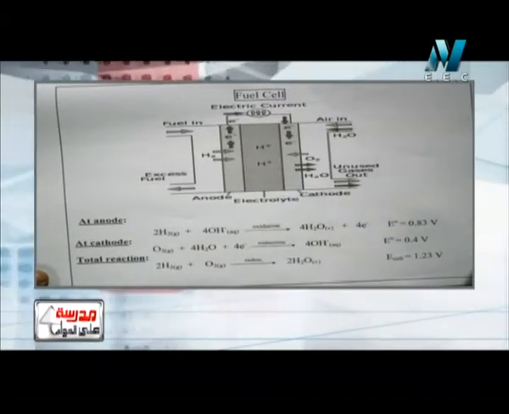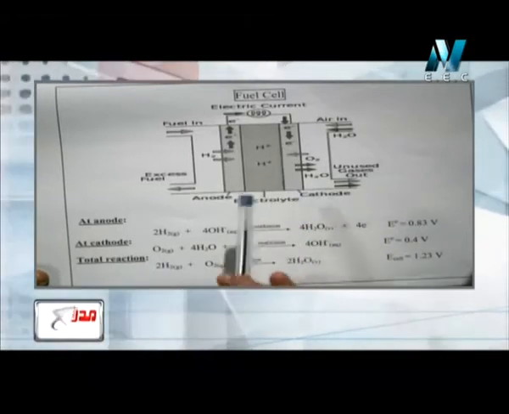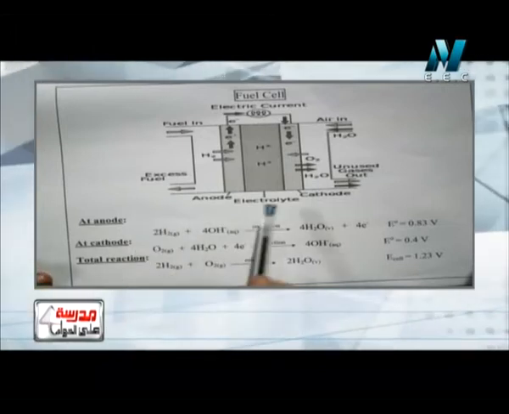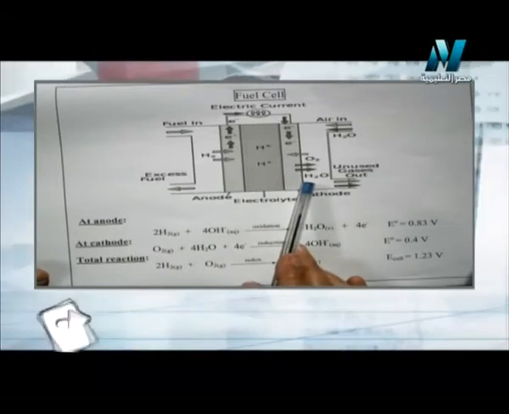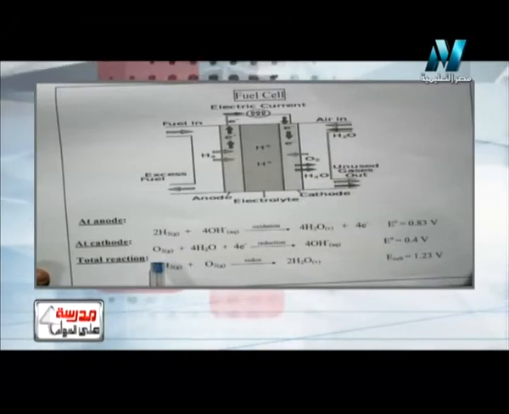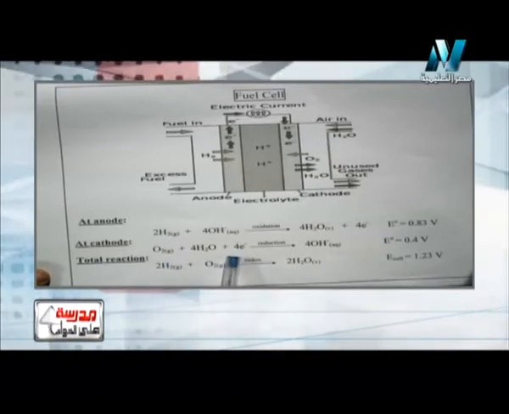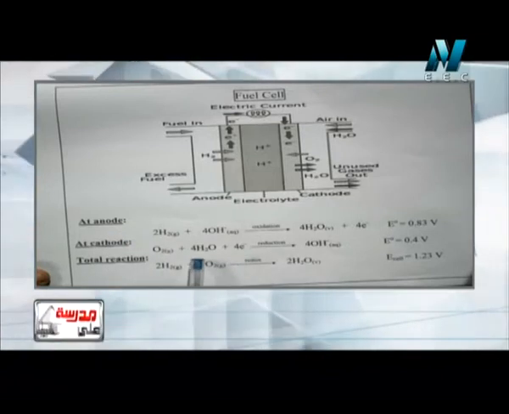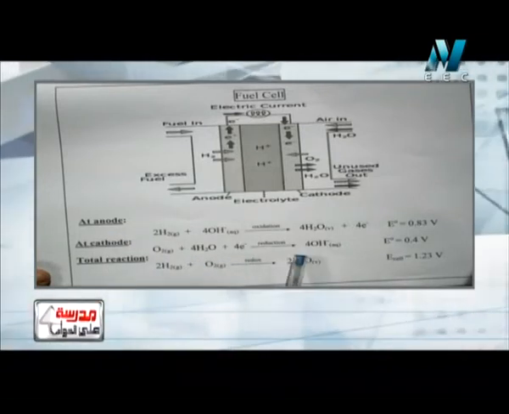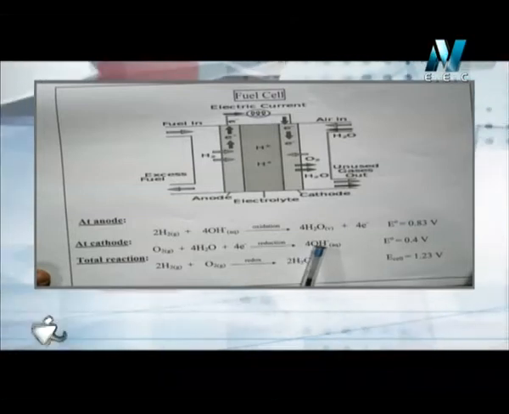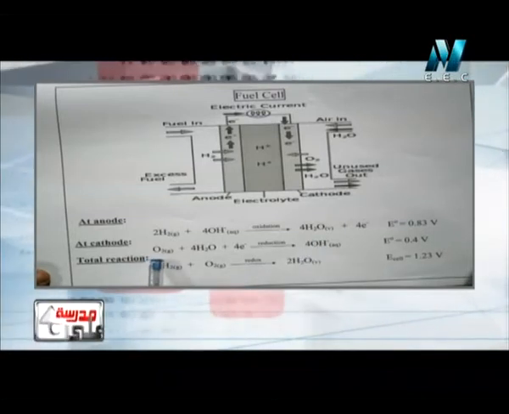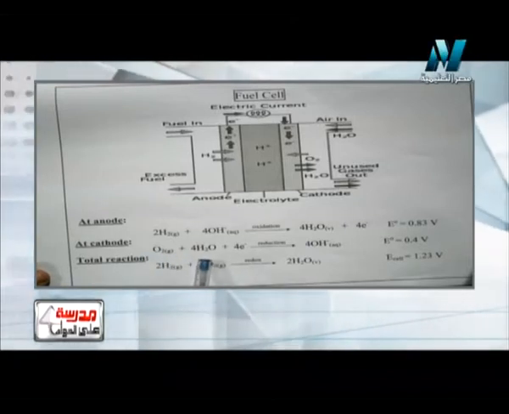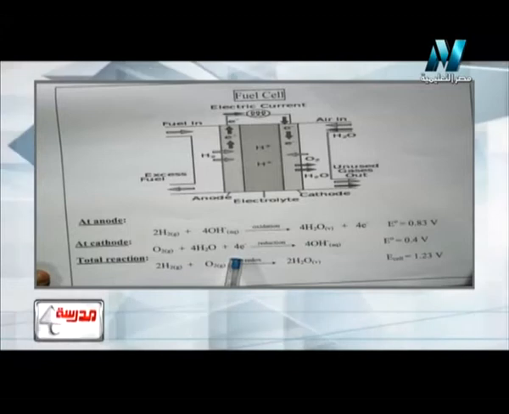At the cathode, also separated by a porous layer of carbon, it contains oxygen gas. Oxygen is reduced by the electrons that come from the anode, in the presence of water, to form 4 OH negative: O2 gas, plus 4 molecules of water, plus 4 electrons.